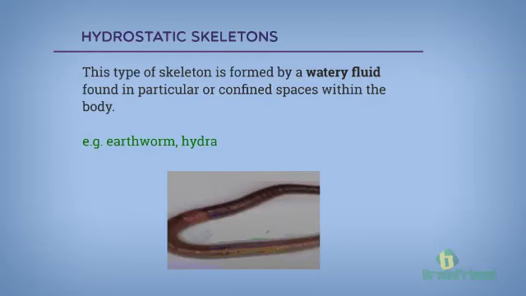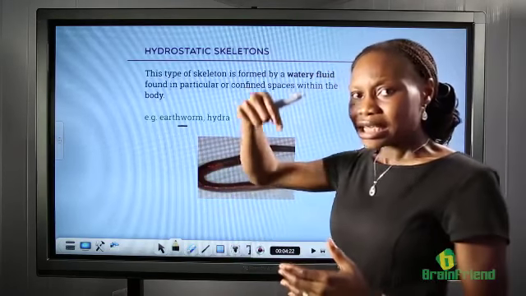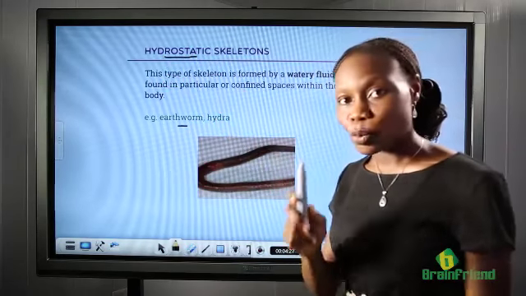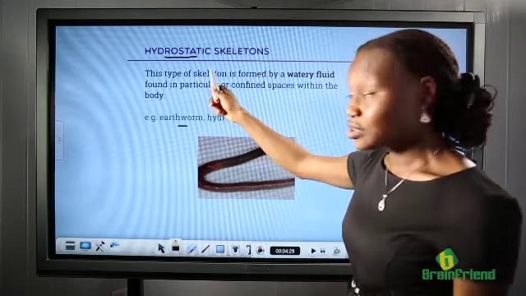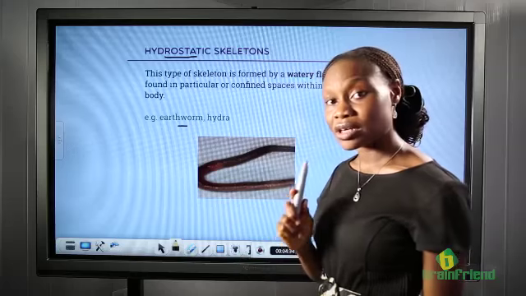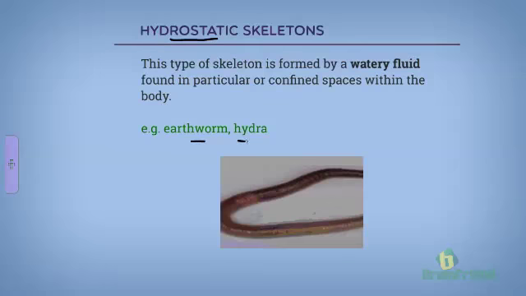That most likely will be an earthworm. It's soft-bodied, but we see that it still has a form because it has that support, which is the hydrostatic support given by the hydrostatic skeleton. Another example of an organism that has this kind of skeleton is the hydra.